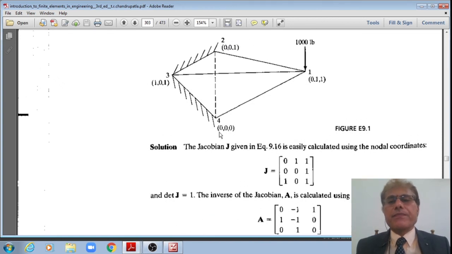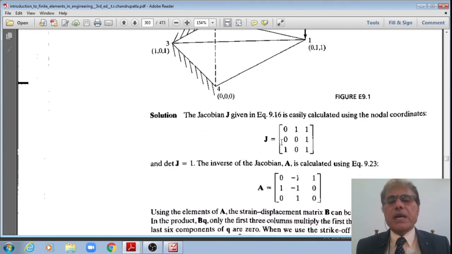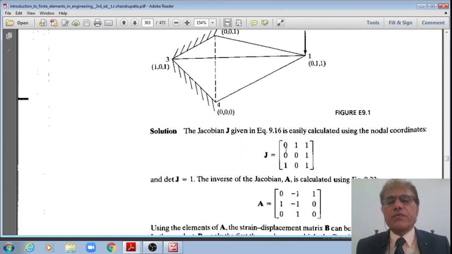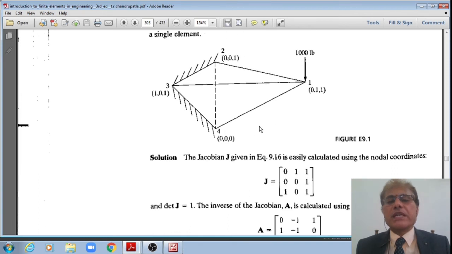Just now we have seen the Jacobian matrix is a constant, therefore I have the information x1, y1, z1 up to x4, y4, z4. If you substitute that here, x14, y14, z14: x1 is 0 minus x4 which is 0, therefore x14 is equal to 0.